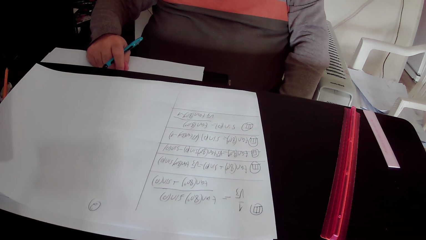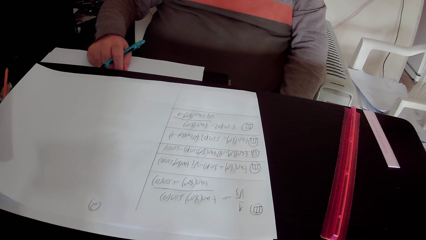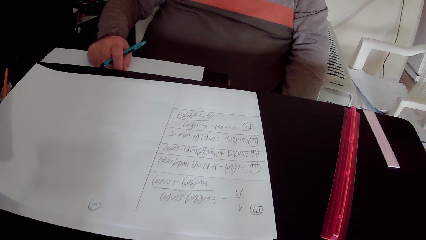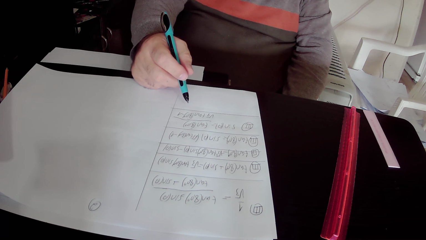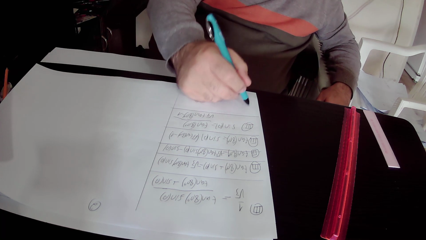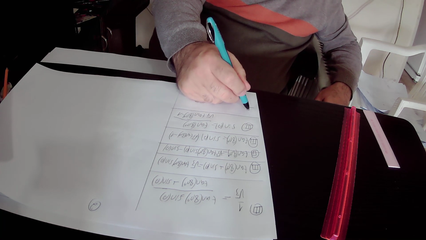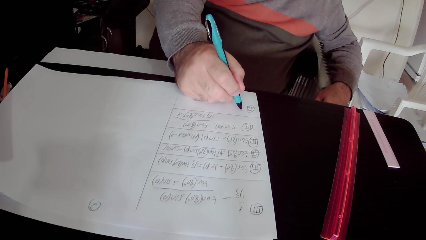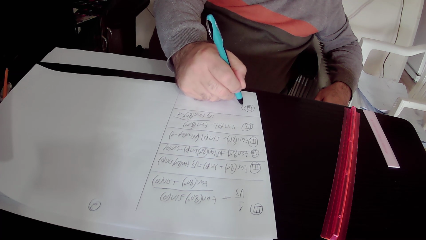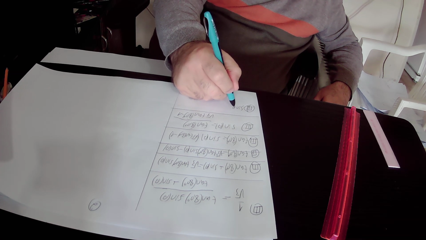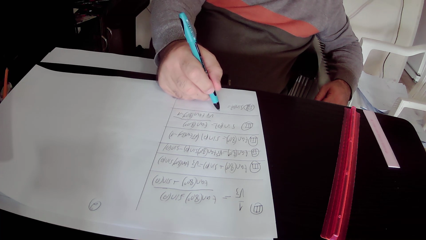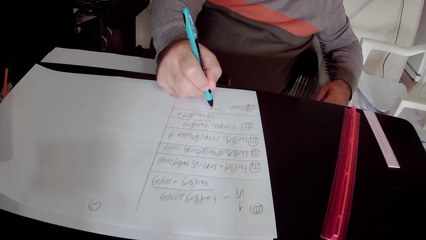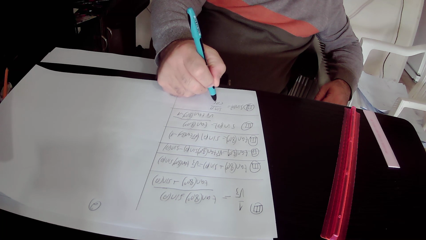We know that tangent 80 degrees equals sine 80 degrees over cosine 80 degrees. So we'll substitute tangent 80 degrees in equation number 3 by sine 80 degrees over cosine 80 degrees. And we will get that according to equation number 3, sine theta equals, with tangent 80 degrees being sine 80 degrees over cosine 80 degrees.